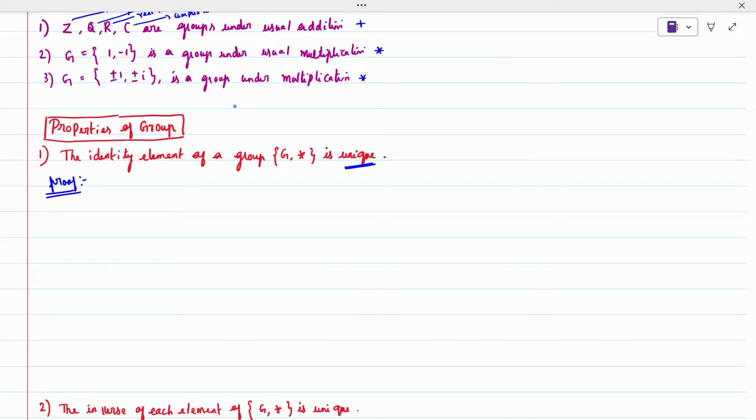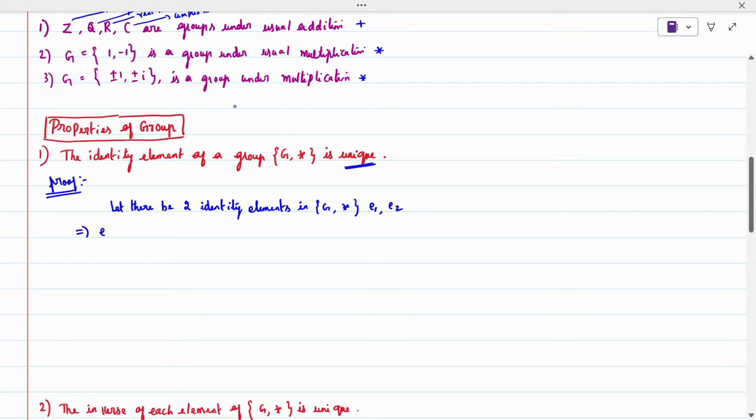First I will take 2 identity elements. Let there be 2 identity elements in the same group G with star, namely E1 and E2. Two identity elements I have taken.